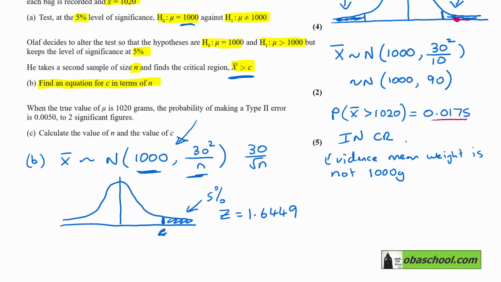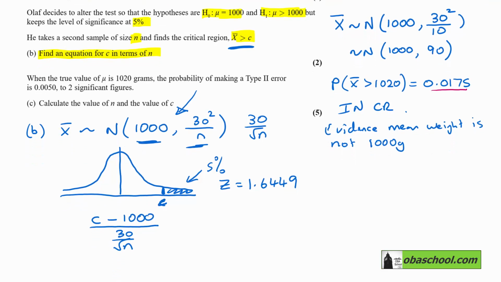And so to standardize, we do c take away the mean divided by the standard deviation, and that must be equal to this value. If this c is on this distribution here, and we standardize it, we'll get the value from the standard normal.